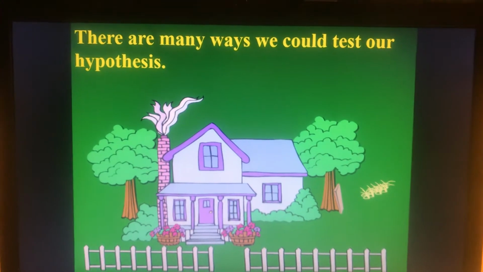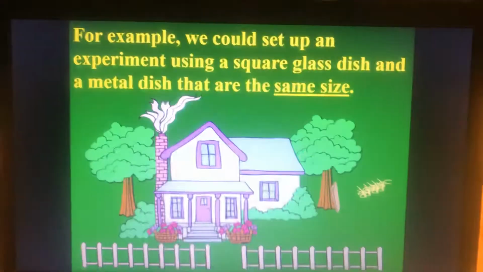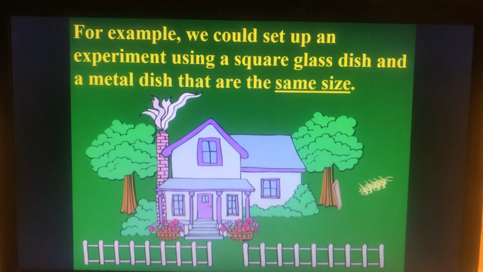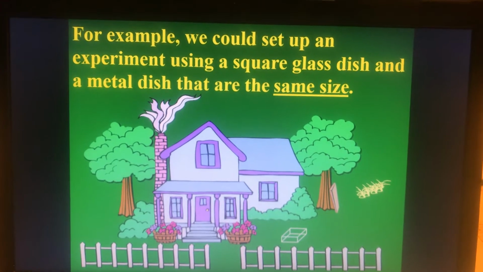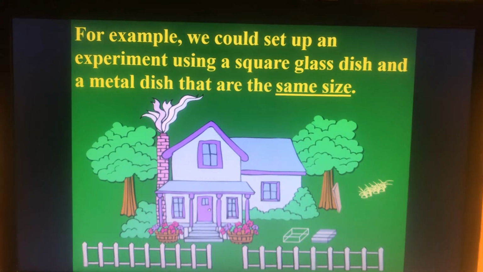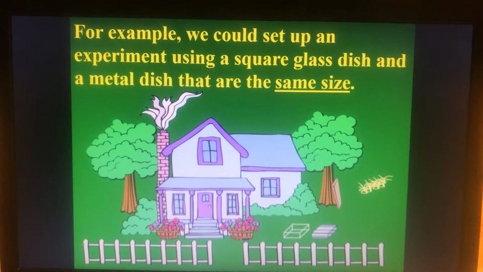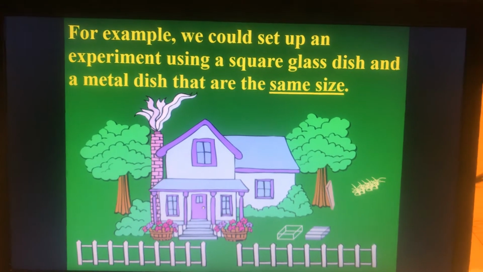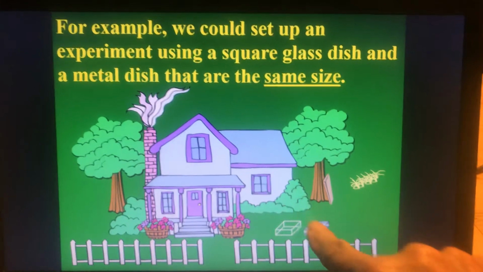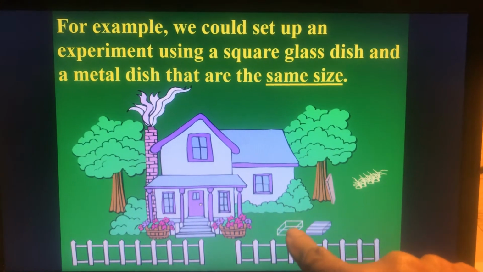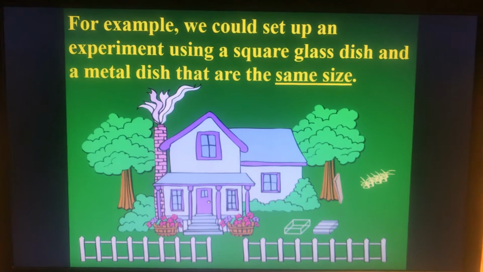There are many ways we could test our hypothesis, but what I'm going to do now is create an experiment using a square glass dish and a metal dish that are exactly the same size. There's the metal dish and there's the glass dish, same size.